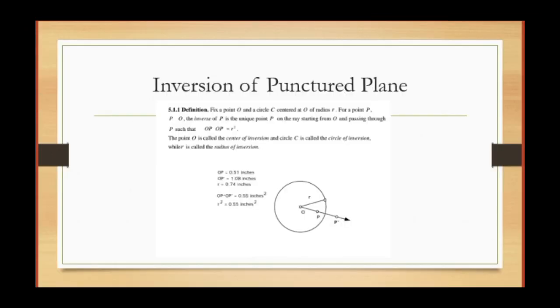In other words, inversion is a transformation that involves taking a point in space and reflecting it through a fixed point known as the center of inversion. The punctured plane is a plane with a single point removed, and the inversion of the punctured plane involves reflecting all points in the plane through the center of inversion except the point that was removed.